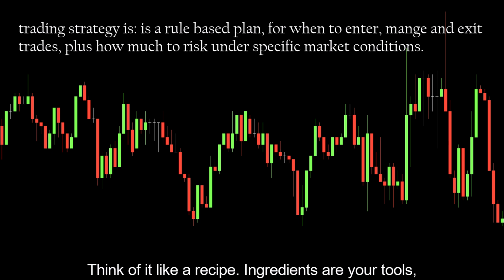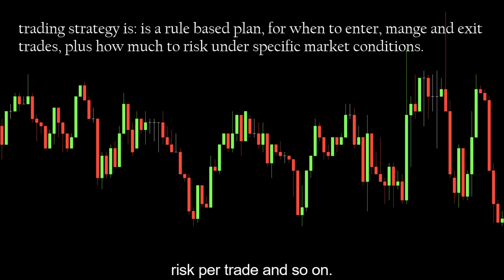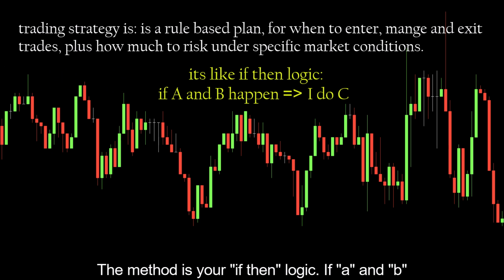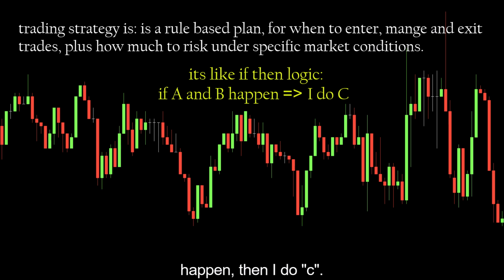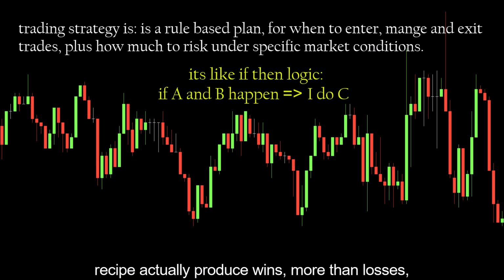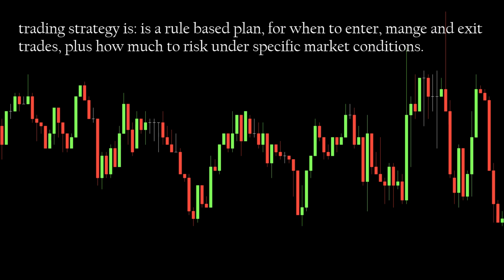Ingredients are your tools: indicators, price action patterns, market session, risk per trade, and so on. The method is your if-then logic: if A and B happen, then I do C. The measurement is your validation. Does this recipe actually produce wins more than losses over enough samples to matter?